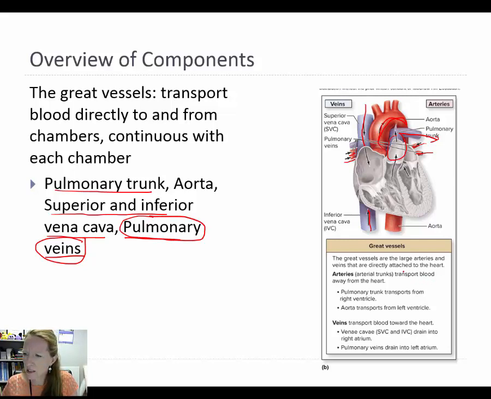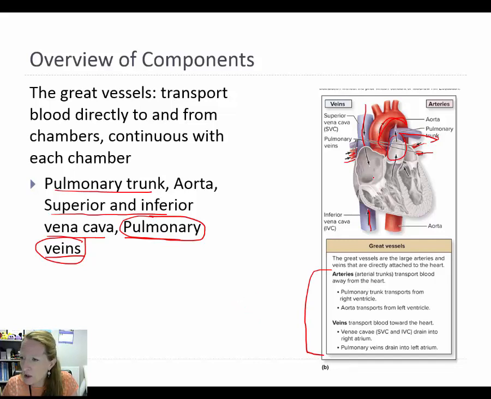But here is this chart that gives you a little bit more idea of the pulmonary trunk and vena cava and aorta and pulmonary veins and exactly their functions. But once we get through blood flow, you'll know exactly what the functions are. It's about transporting blood and knowing where they're going and where they're coming from, which are some of the more important things to know about those.